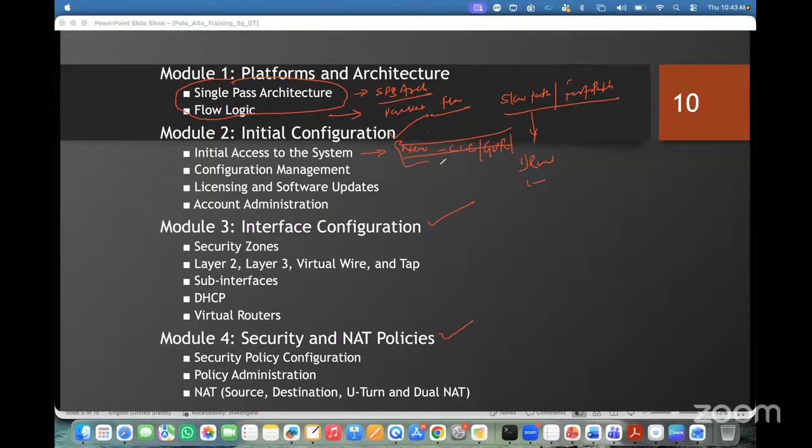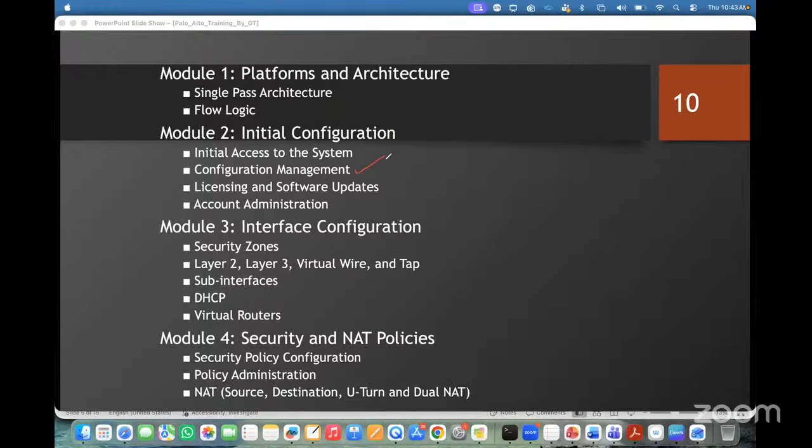I will demonstrate how to take console even for the physical firewall, even for the virtual firewall, and how we can do all this configuration step by step. Then we'll discuss configuration management techniques, how we can manage the configurations in the Palo Alto firewall, how to do licensing and software upgrades, and how to do account administration. Let's suppose we have to define RBAC, role based access.